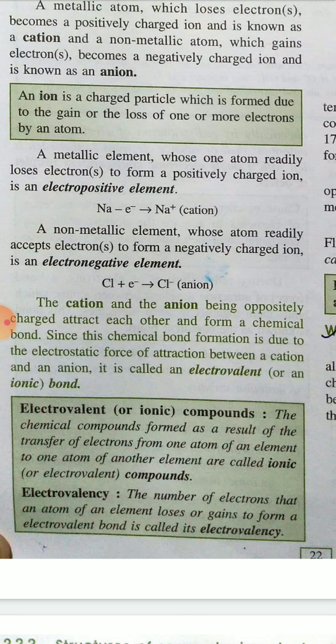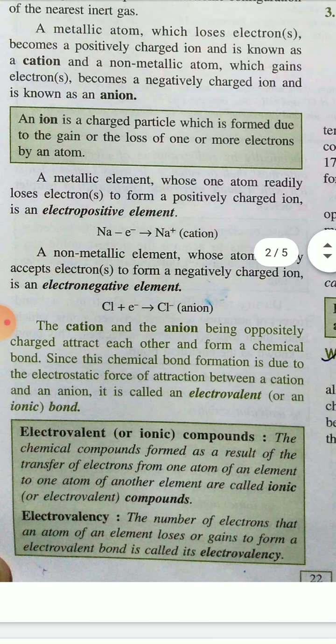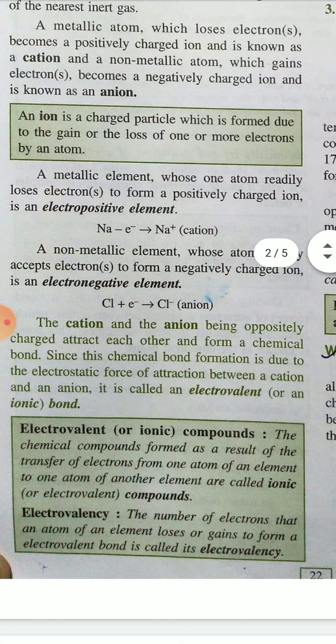Electrovalency is the number of electrons that an atom of an element loses or gains to form an electrovalent bond.